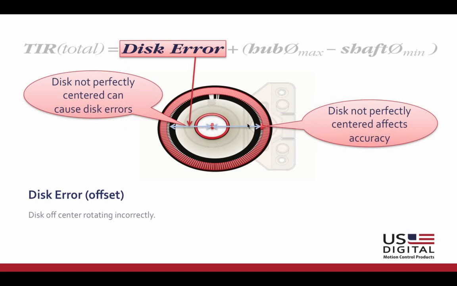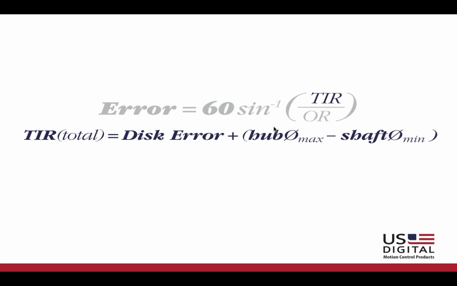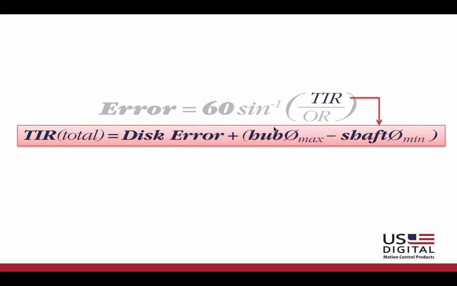As you can see in this picture, if you were to rotate this disc about that center axis, this thing will run in an elliptical orbit, and that will cause positional error in this system because the disc pattern is moving radially relative to the encoder sensor.